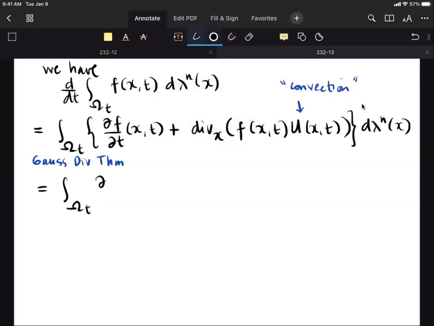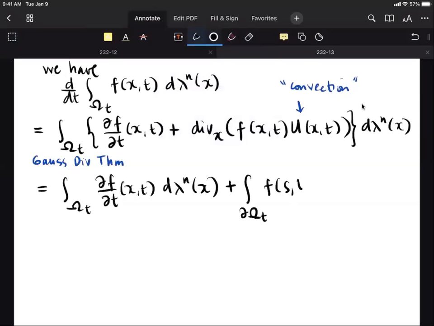First, let us copy the first integral, and the second would be, plus, applying the Gauss divergence theorem, so here you have the boundary integral of F(s, t) u(s, t) dot nu of s ds.